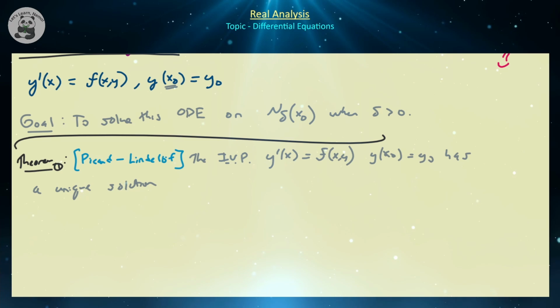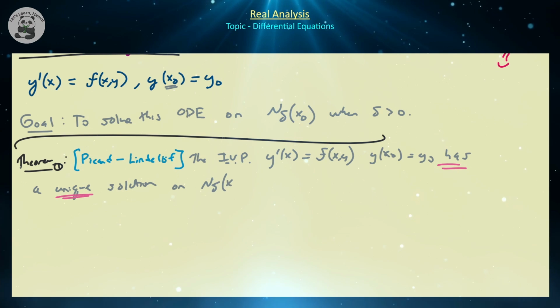So we have existence and uniqueness, so this is sometimes also referred to as the existence and uniqueness theorem for first order ODEs. In particular, it has an existing and unique solution on some neighborhood around x0 if the following two conditions are met.